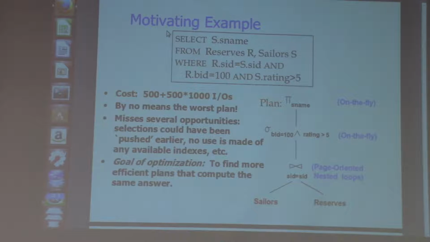So you're going to use Sailors as the outer relation. So this cost will be that many IOs you have to do. What about those on the fly? Well, they do not generate any IO because you check them in your output buffer before you write to the disk. So that's that many IOs.